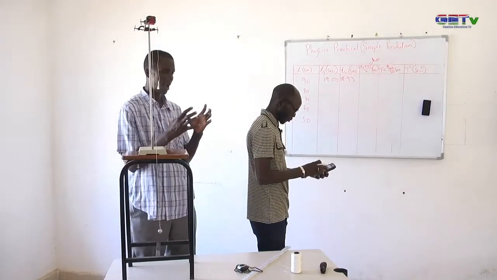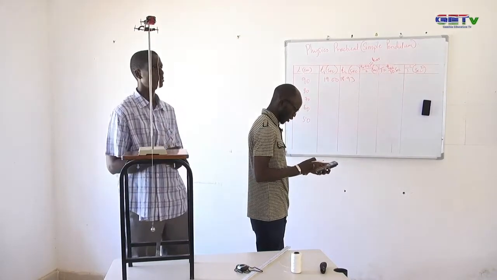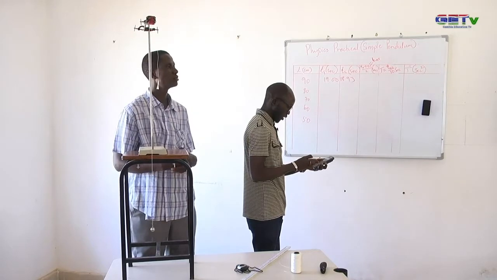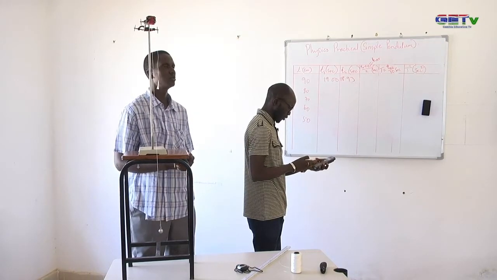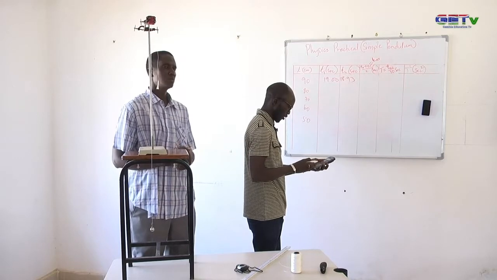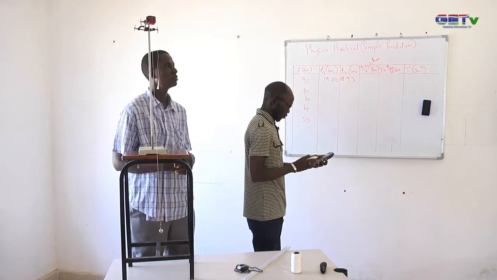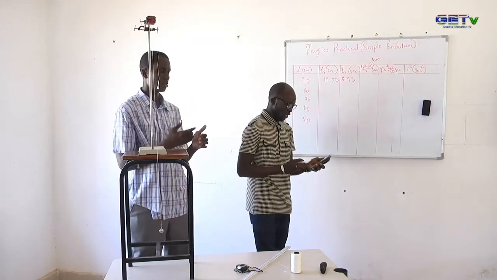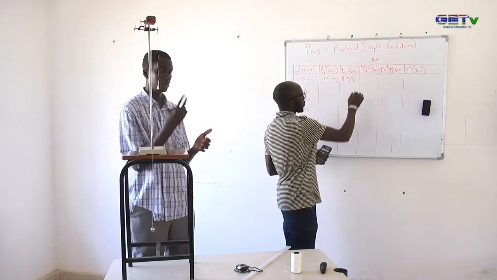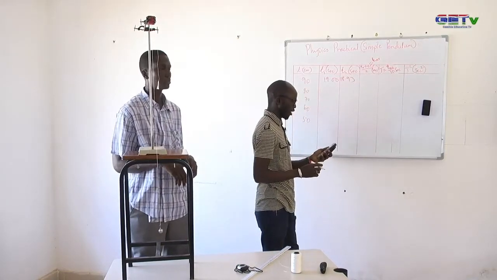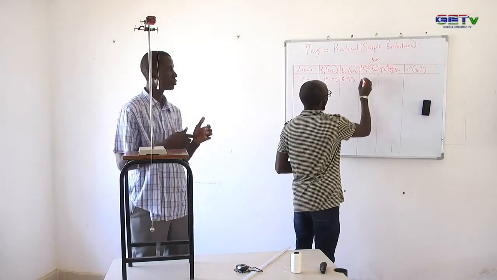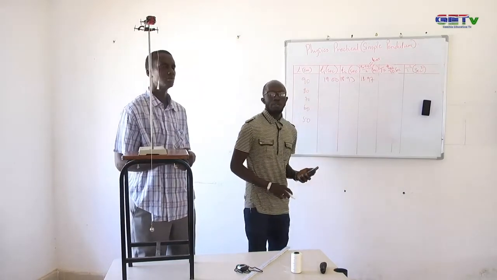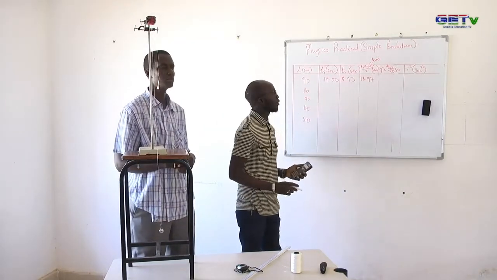So 19.00 plus 18.93, it's cumulative either way. We will have 37.93, and we will divide that by 2 because we are taking the average, remember? And we'll have 18.97.